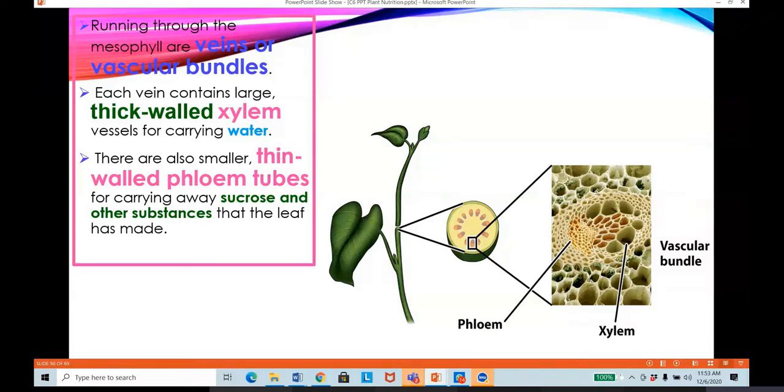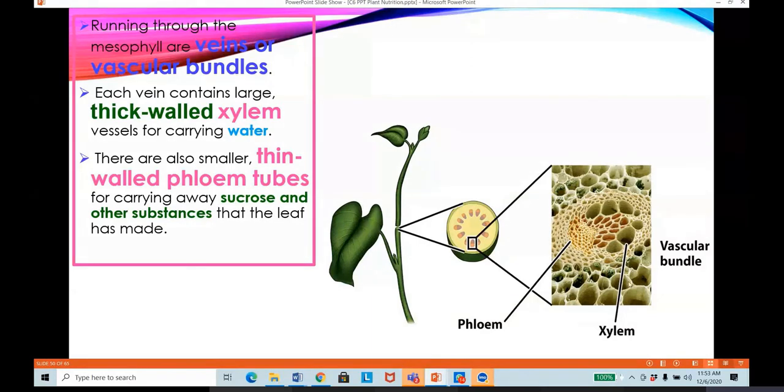So you can see in this picture, running through the mesophyll are veins or vascular bundles, which are the xylem and the phloem. Now, each vein contains large, thick-walled xylem vessels for carrying the water and the mineral ions. And there are also small, thin-walled phloem tubes for carrying away the sucrose and other substances that the leaf has made after the process of photosynthesis.